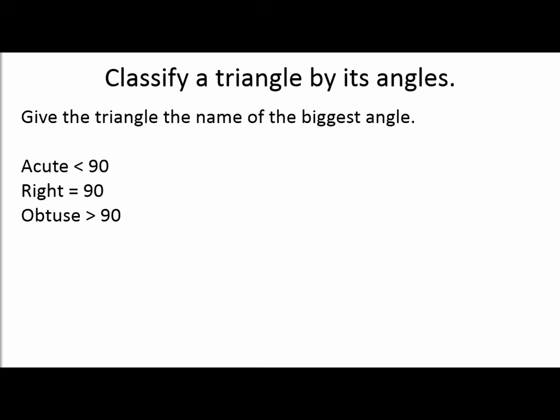Once again, give the triangle the name of the biggest angle. You can look for the biggest angle, and that's pretty much it. So remember, acute is less than 90, right is 90, and obtuse is more than 90.